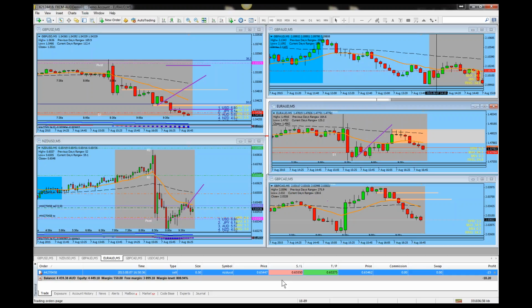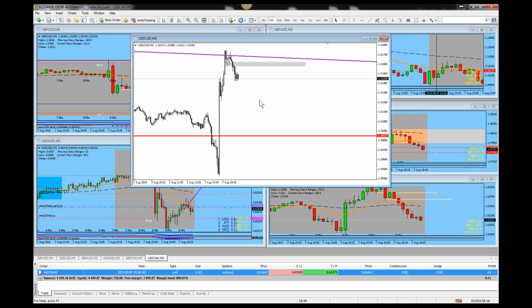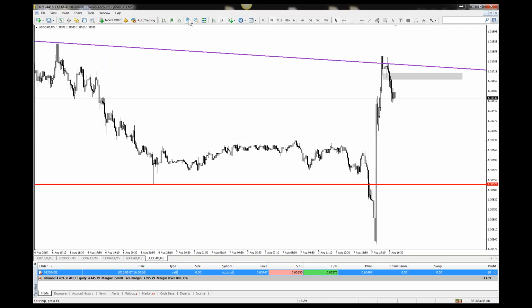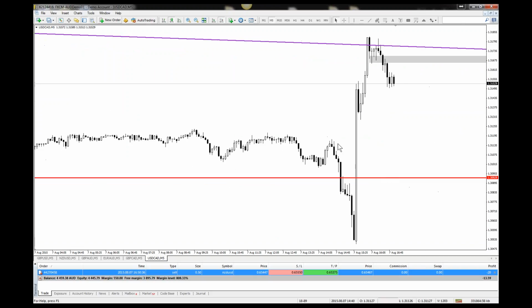Oh, Nancy was asking about the Euro Aussie, a trend line on Euro Aussie. Euro Aussie daily. Got piano keys here. That's a good sign.